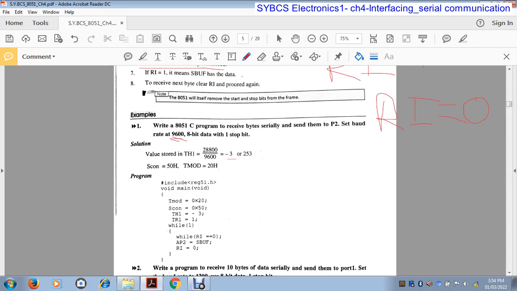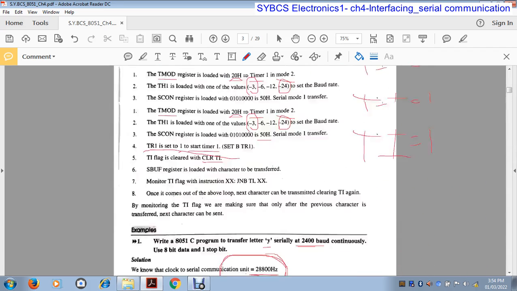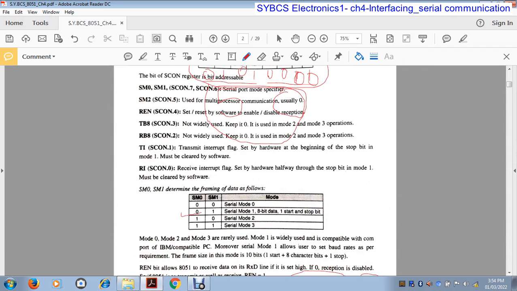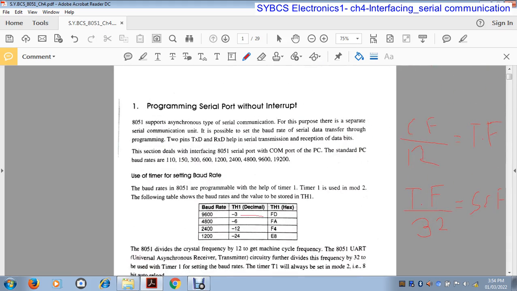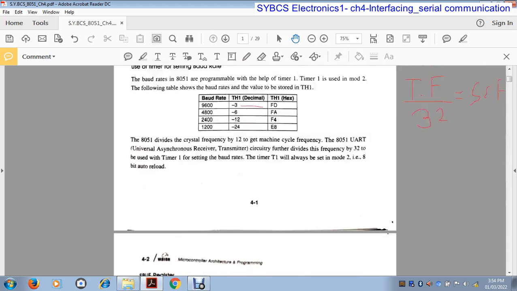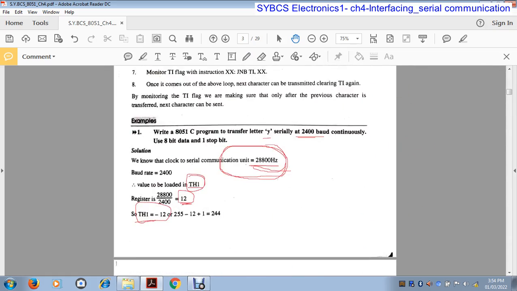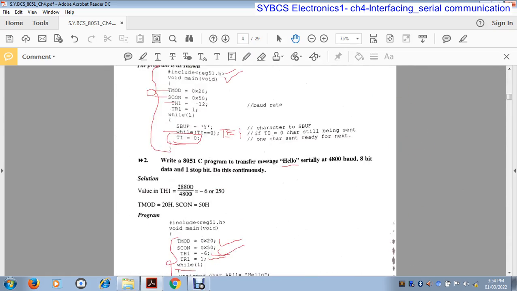For 9600, the value is minus 3, as we saw in the previous table, which is to be loaded in the TH1 register. The TMOD register is 20h, which indicates timer 1 mode 2, and the SCON register is loaded with 50h.